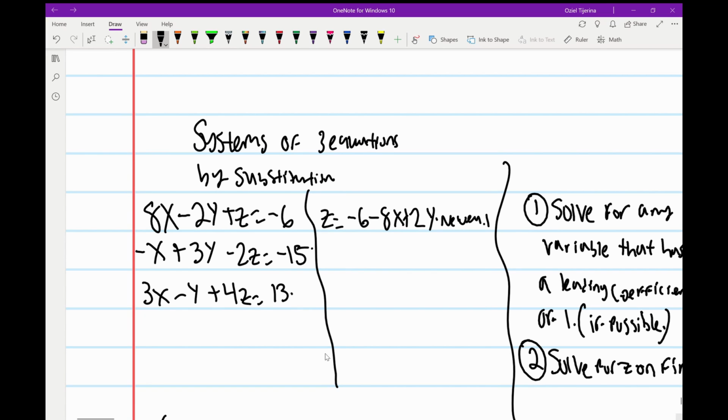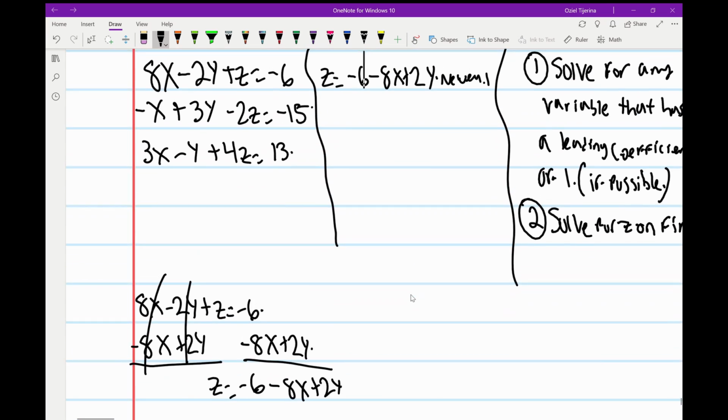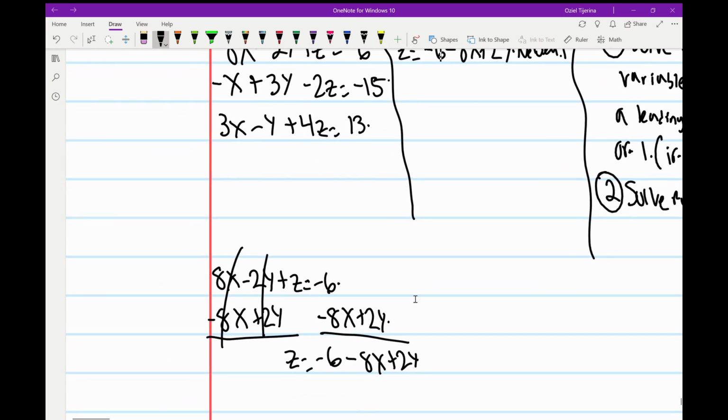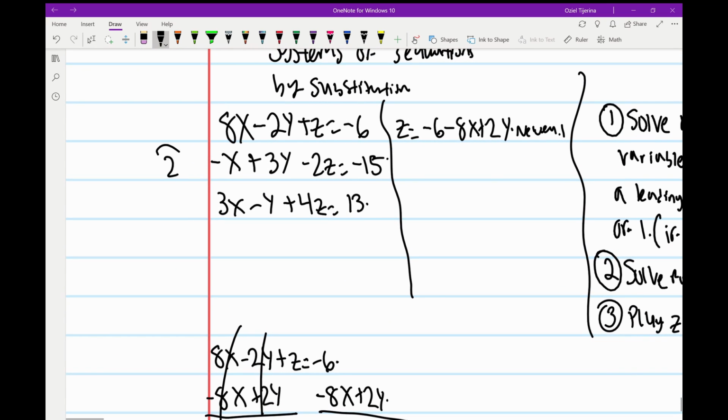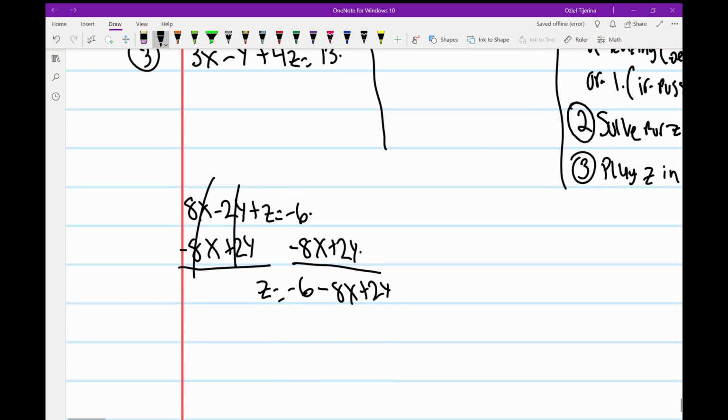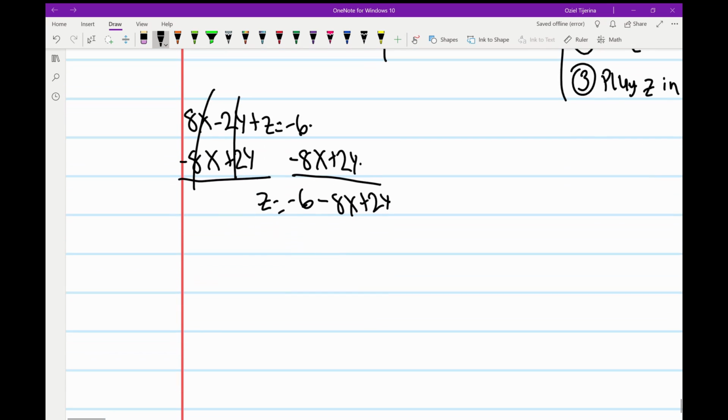And then we're going to go ahead and plug this in. So 3, plug z in for equations 2 and 3. Okay, so these are your equations 2 and 3. This is 1, this is 2, this is 3. So we're going to go ahead and do that.